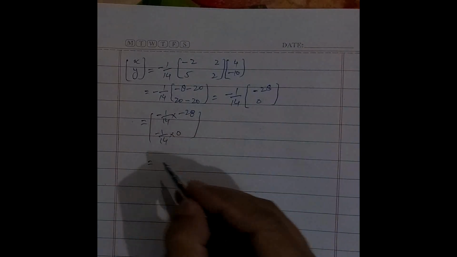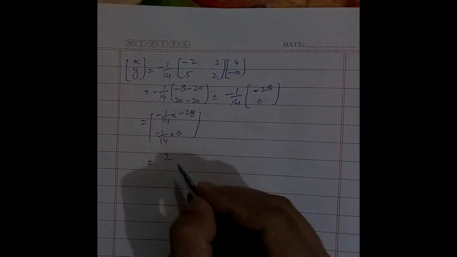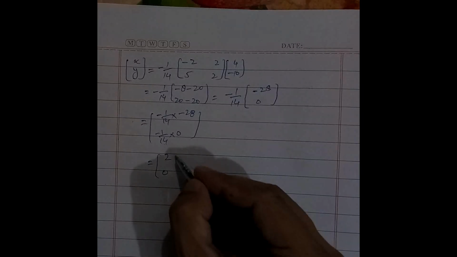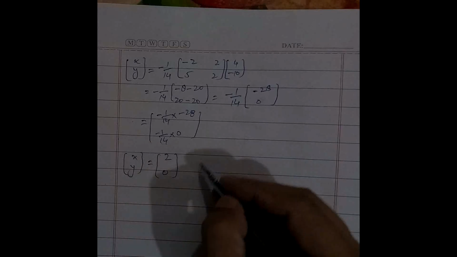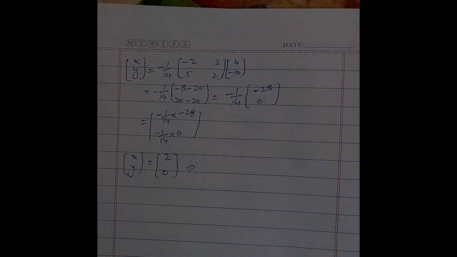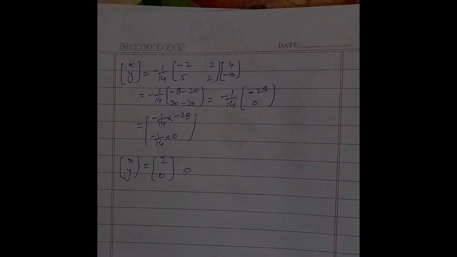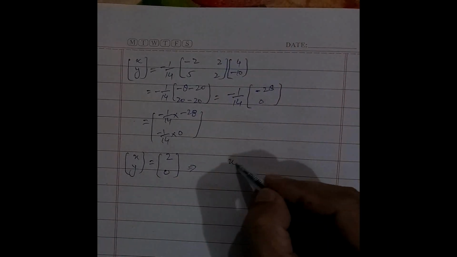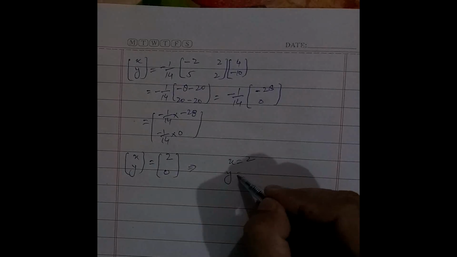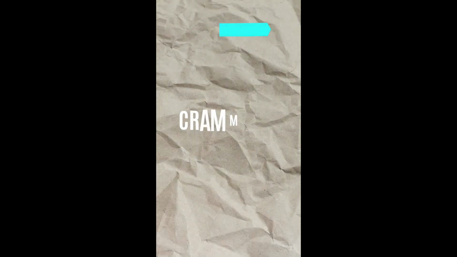Finding these values, we get 2 and 0, which is equal to xy. Here we know that two matrices are equal if their corresponding elements are equal. So x is equal to 2 and y is equal to 0.